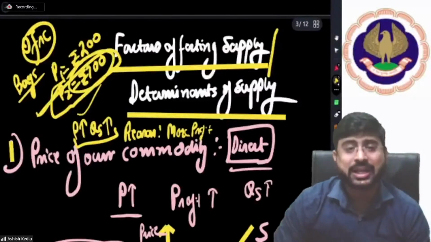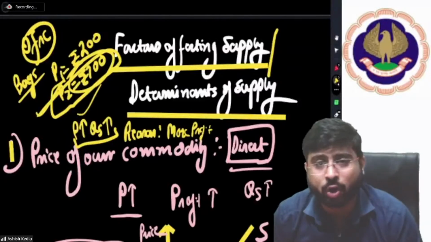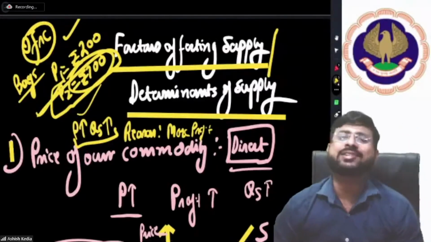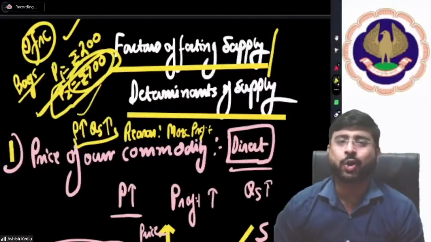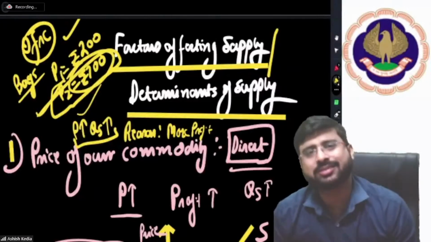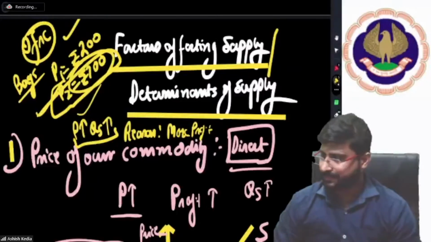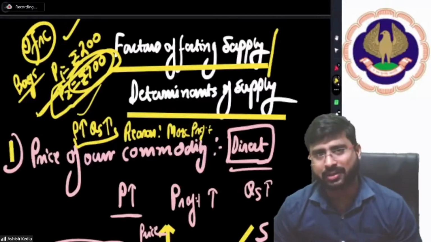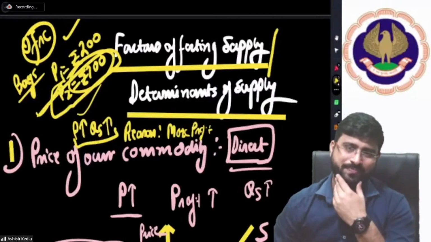Don't tell me it can be because of rising costs. I have told you other factors remain constant. So if price is rising, it implies cost is the same, and the rise in price results in a rise in profit margin. That is what we are going to assume.